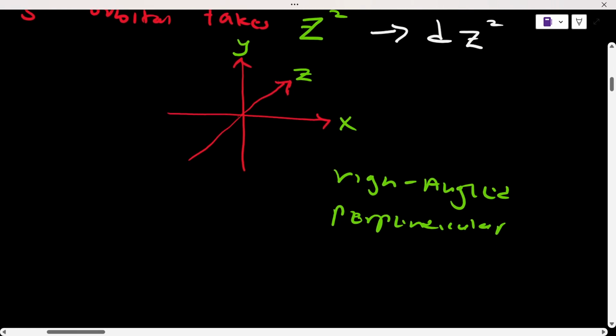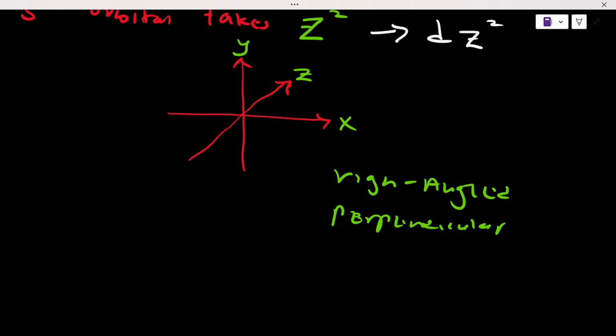So that's what is going to help us understand the shapes and the spaces within which we can find these different types of orbitals found in the d.